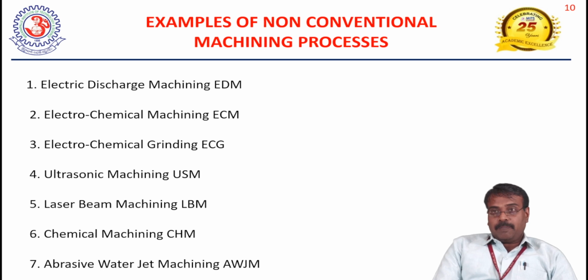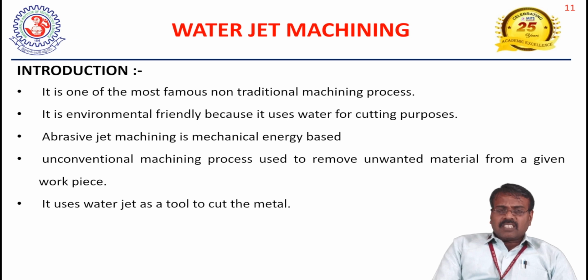Then the important one is abrasive water jet machining. These are all the major unconventional machining processes used by current researchers. Now let us see one of them in detail.